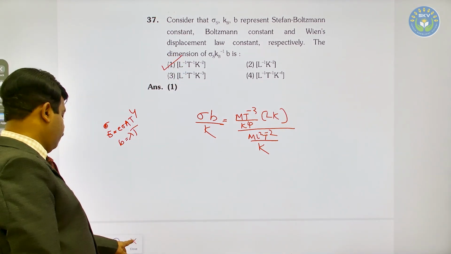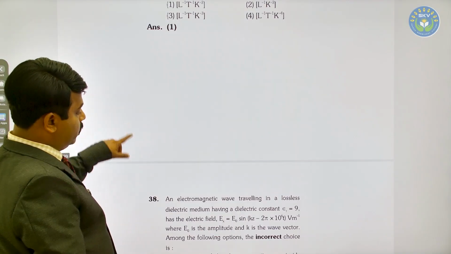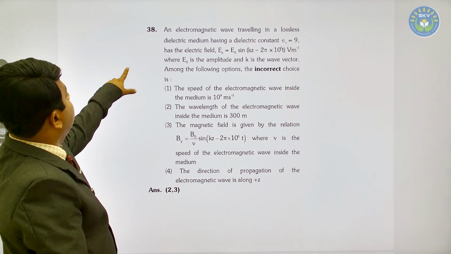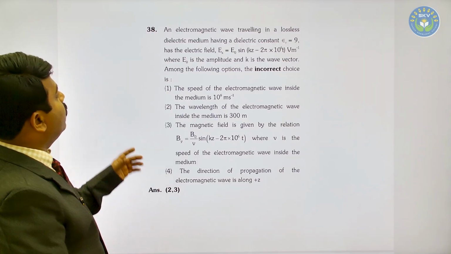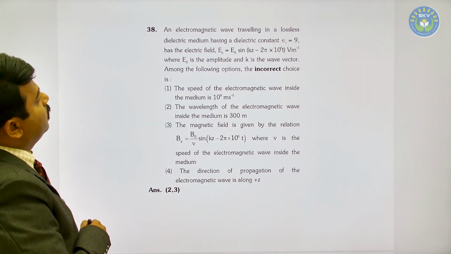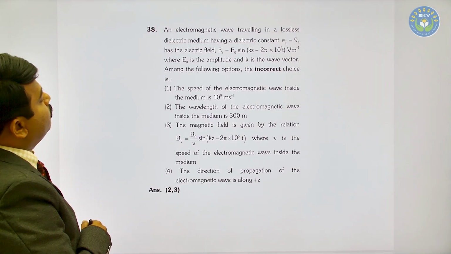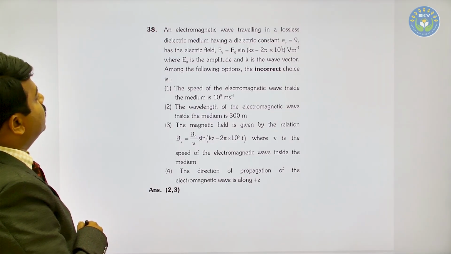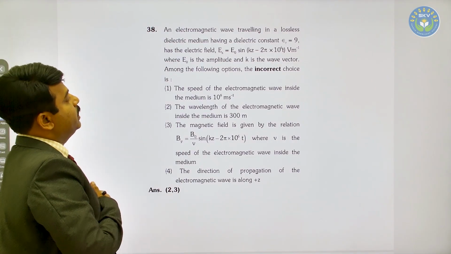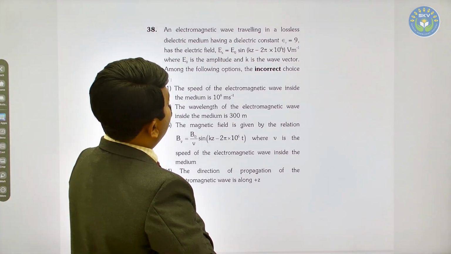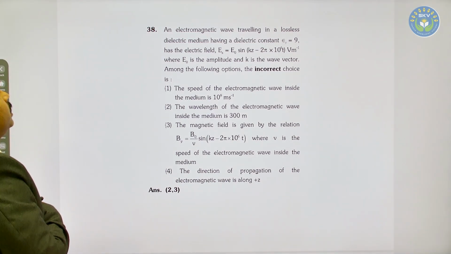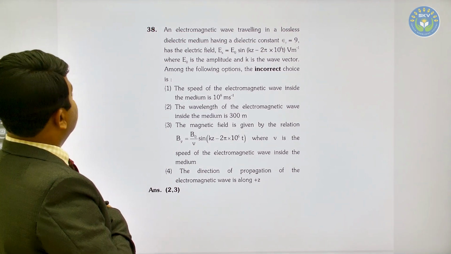All right. Now let us go to another question. An electromagnetic wave traveling in a lossless dielectric medium having dielectric constant epsilon r 9 has the electric field Ex equal to E0 sin(kz minus 2 pi into 10 raised to 6 t). Now E0 is the amplitude and k is the wave vector.